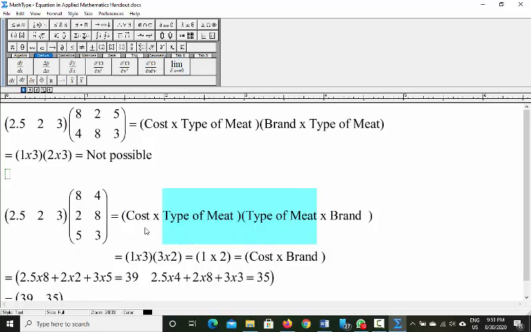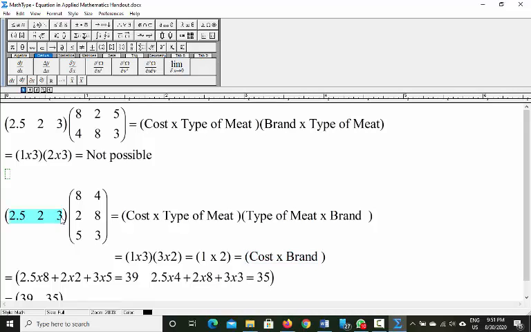So in the resulting matrix, we will have cost by brand. In the row we will have cost, that means the price of meat, and in the column we will have brand. So let us multiply these now.